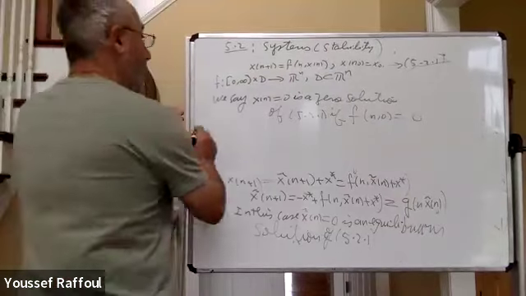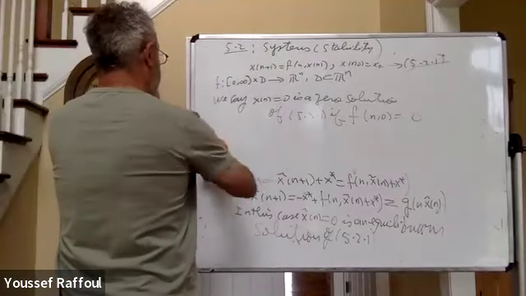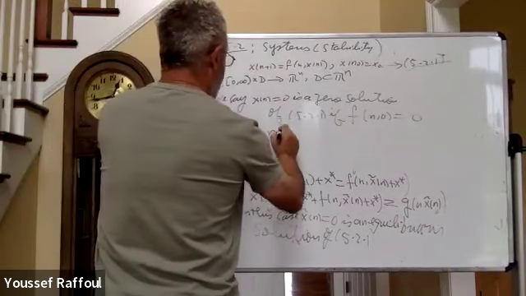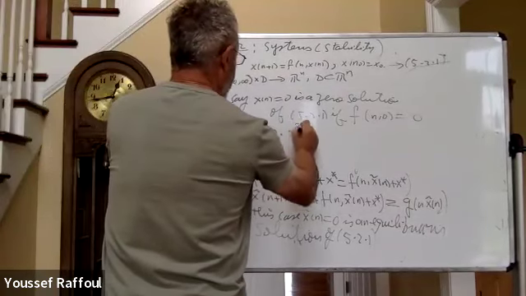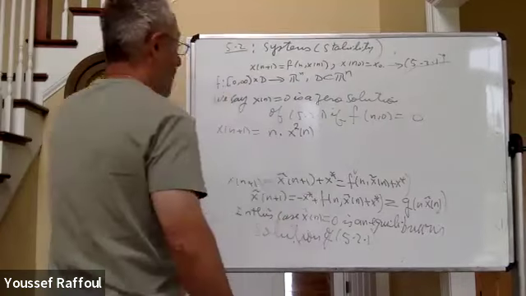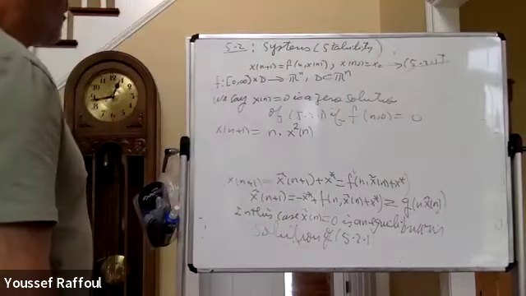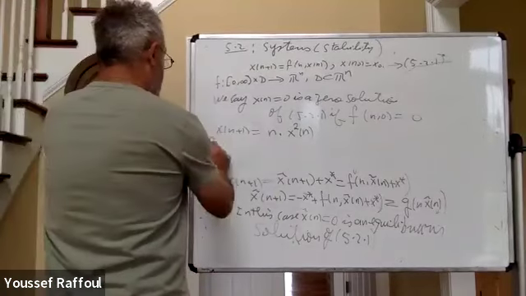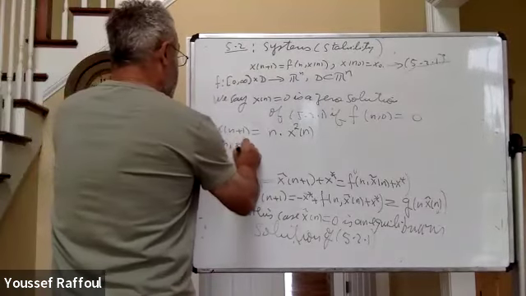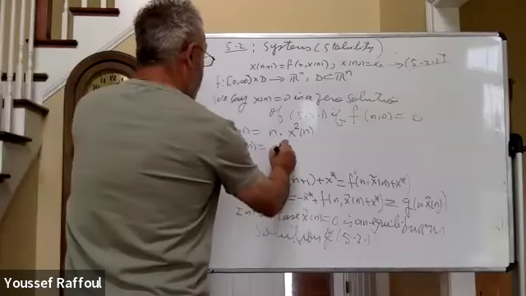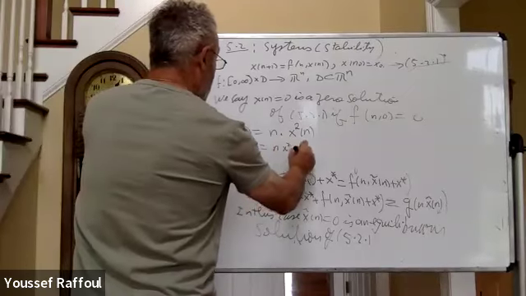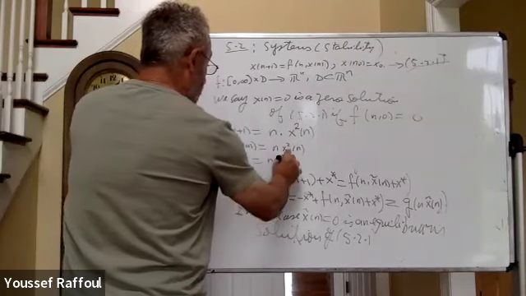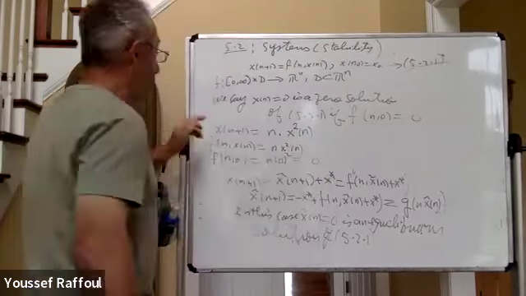So for example, if I have x_{n+1} equal n times x squared of n. Okay? And f(n, x_n) here is n x squared of n, and f(n, 0) equals n times 0 squared, that is 0.